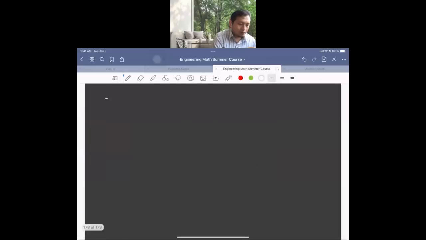If f has continuous second order partial derivatives, then del cross del f is zero.